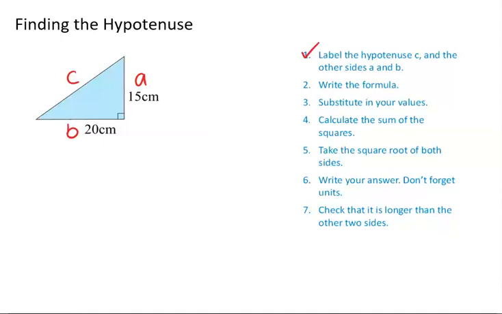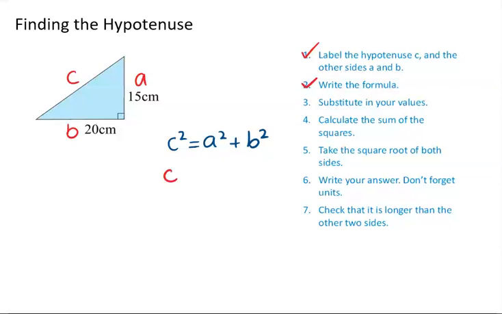Step number 2, write the formula, or write Pythagoras' theorem, which is C squared equals A squared plus B squared. We've written the formula, we can tick off step 2. Step number 3 asks us to substitute our values into this formula. We don't have a value for C, it's just C, that's what we're trying to find.